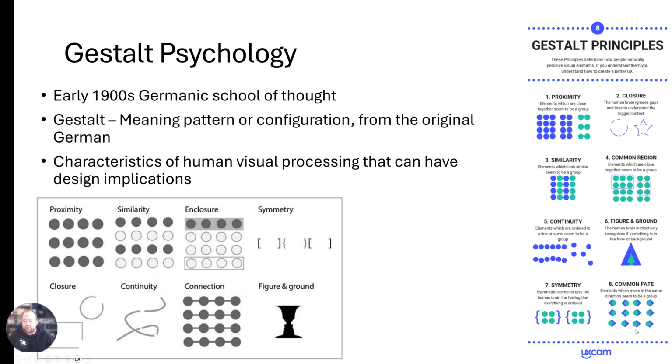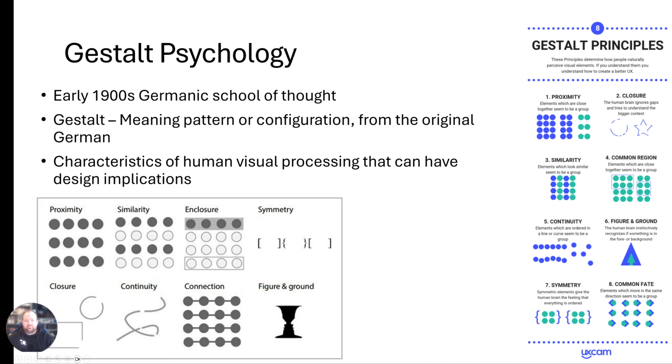So these are two examples of some listings of Gestalt principles. If you just Google Gestalt principles and look at images, there's a million different instantiations of these. But the things you generally have to remember is proximity, so elements which are close together seem to be a group.